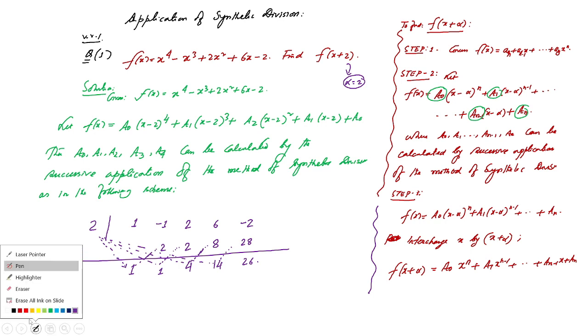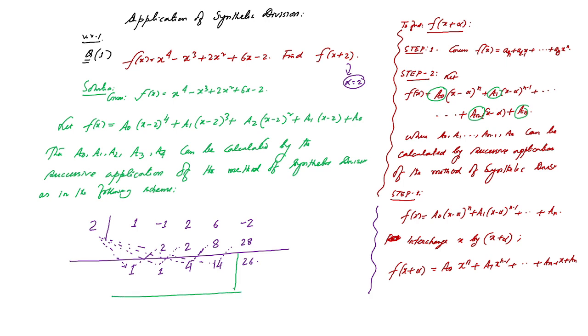Now what you will do, you will just leave out the 26, then you will again start the same procedure. 1 is here, 1 that we have written here.